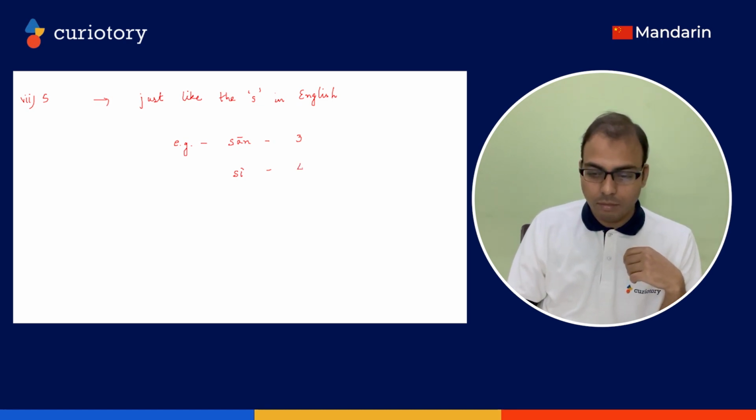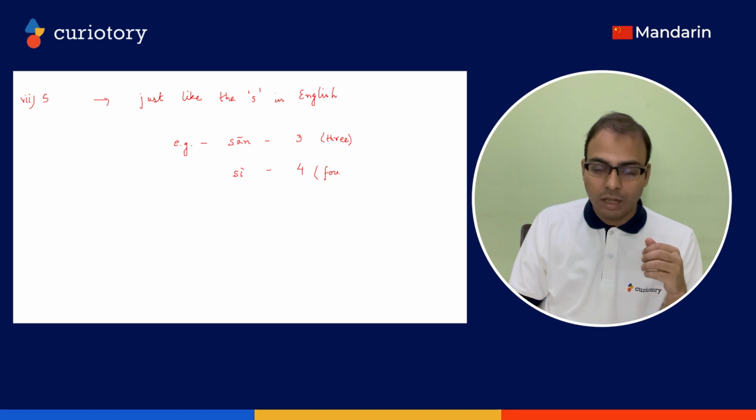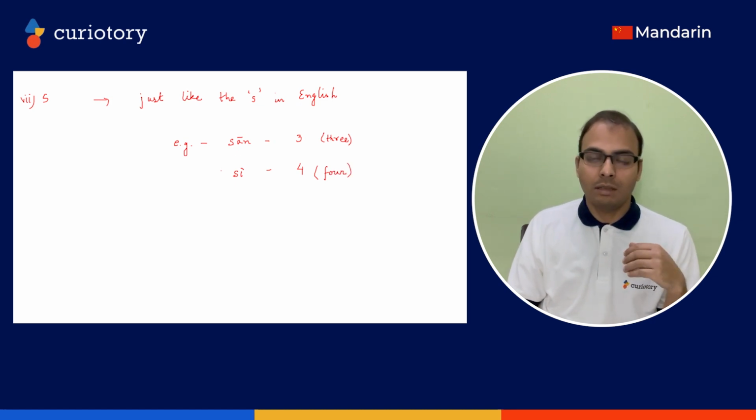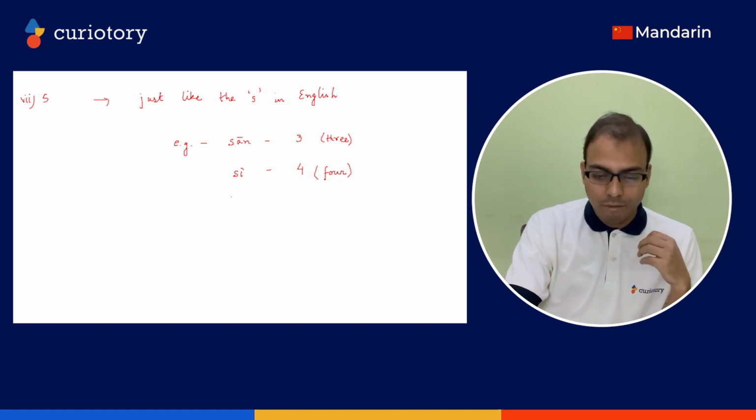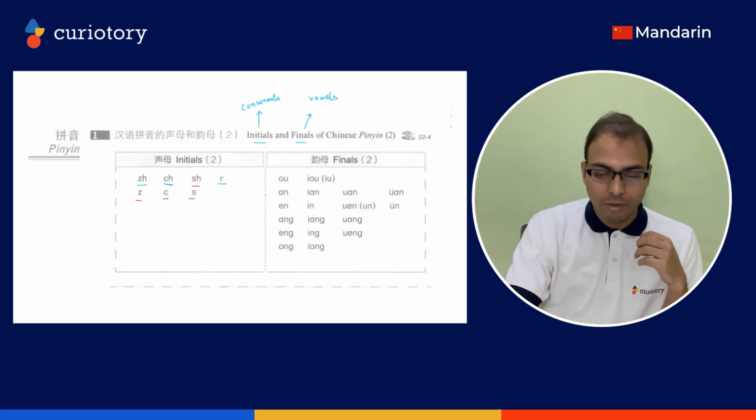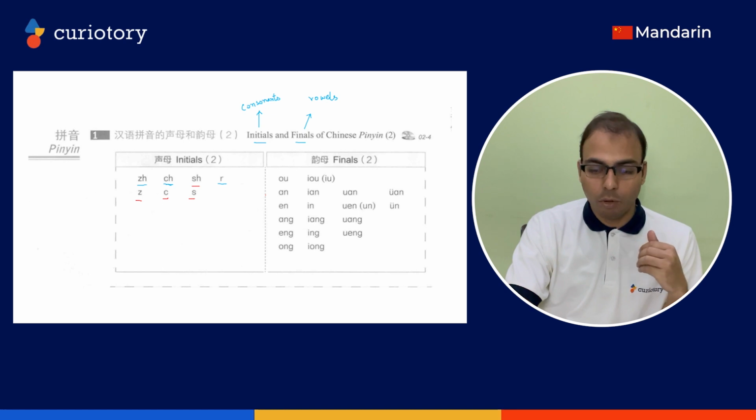So there are no special rules about S, just like the S in English, and two examples were san, 3, si, 4. So we saw here 1, 2, 3, 4, 5, 6, 7 initials and how to pronounce them.